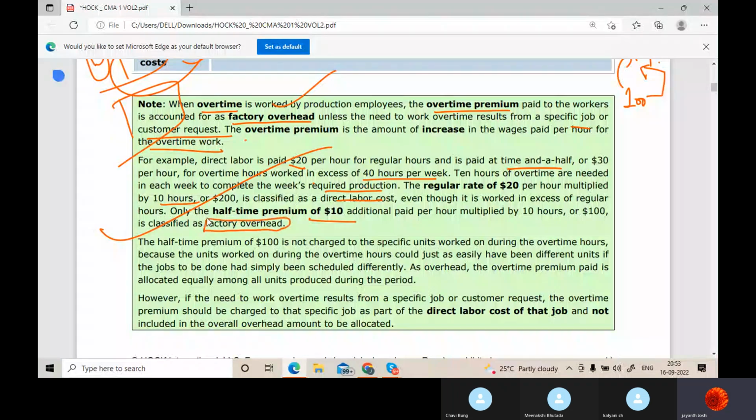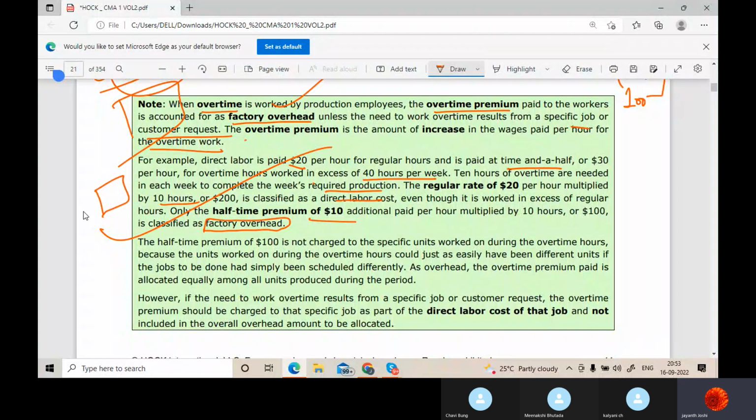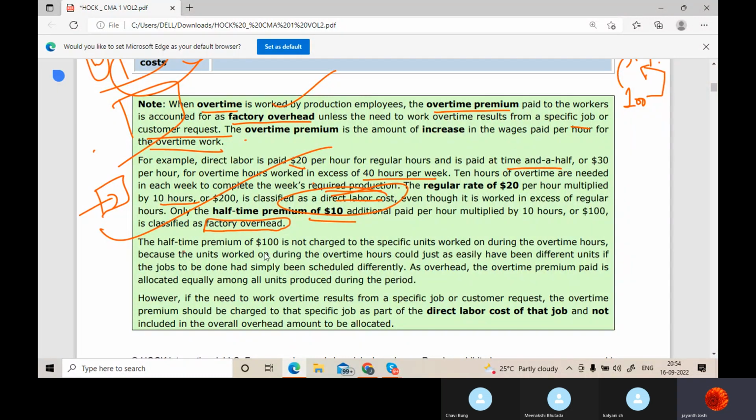The extra that he is working for some extra request is factory overhead, but if he is working regular hours or regular work on the machine in the factory, it is classified as direct labor cost. Be specific in this and understand what I'm saying. So this $100 is the overtime premium they have been paying, and that is actually overhead, and that $200 is direct labor cost.